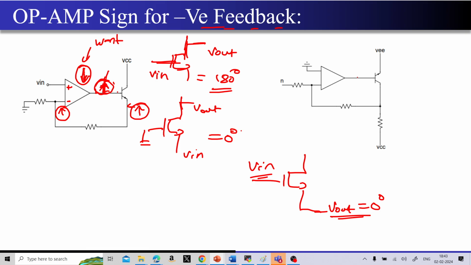Now let's come back to this particular question, right? What we are doing over here is, we are giving the disturbance, let's say, at this particular point. Now we are taking the output from the drain or from the collector of the BJT, and you know that there is a 180-degree phase shift. So if I increase the voltage at this point, this has to go down, right?